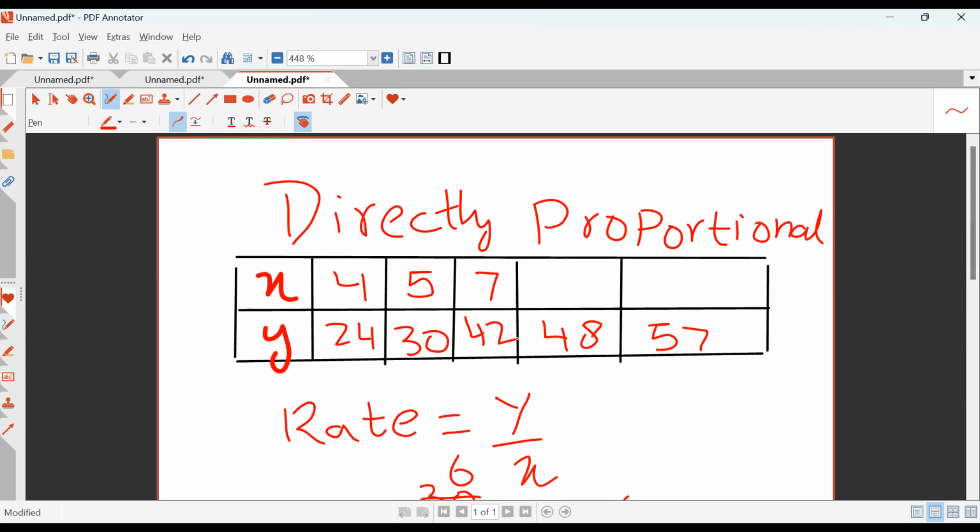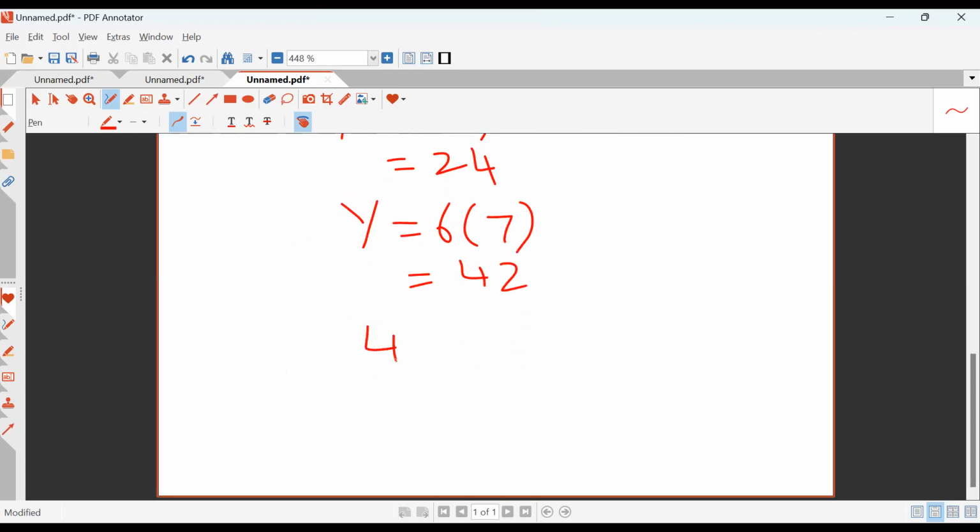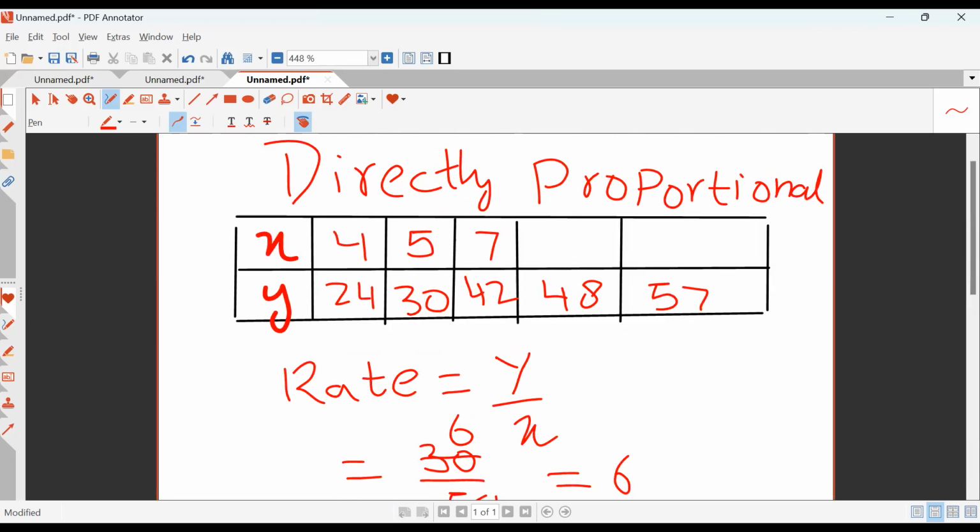Then it says find x when y is 48. 48 equals 6x. 48 upon 6 equals x. 48 divided by 6, x equals 8.